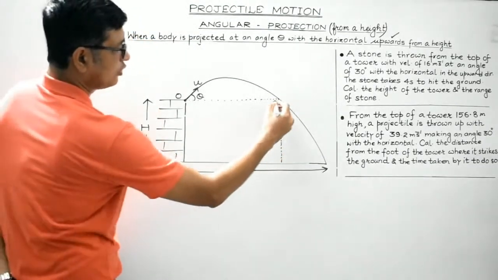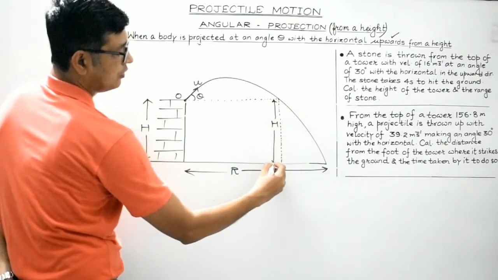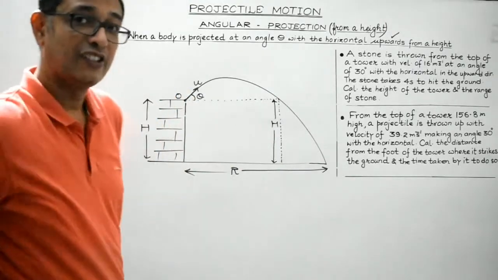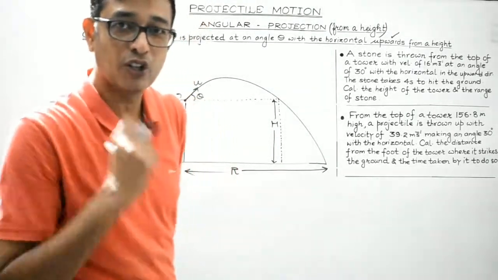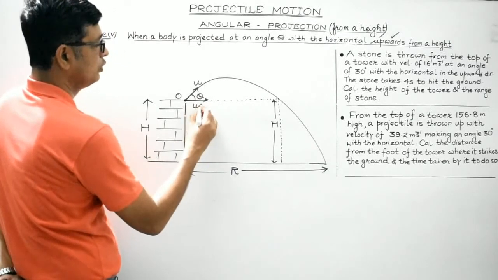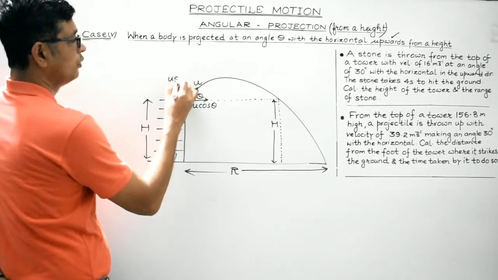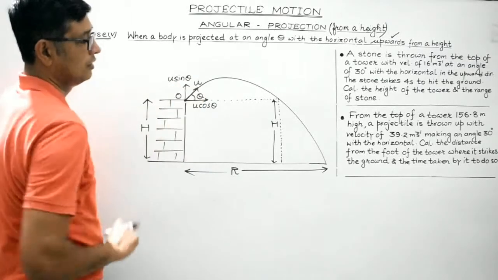This is h, so this would be also h. Right? So we can resolve u into two perpendicular components, isn't it? This component would be u cos theta. This component would be u sin theta.